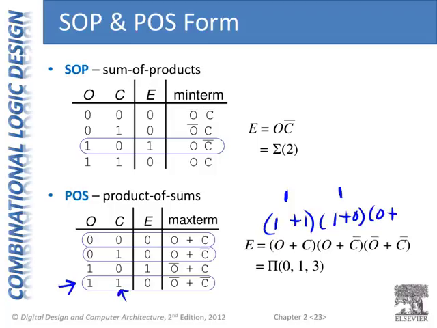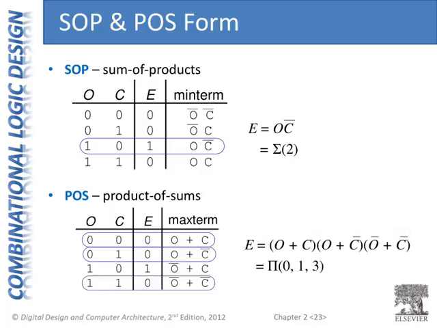C is 1 in that case, so 1 bar, again 0. And we're going to get 0. All those ANDed together. That term, as expected, that O bar or C bar forces our output to 0, and we get the 0 that we expected. Again, remember our product of sums form, POS form, is forcing the zeros, forcing the output to 0.